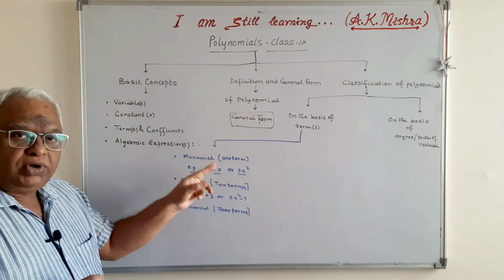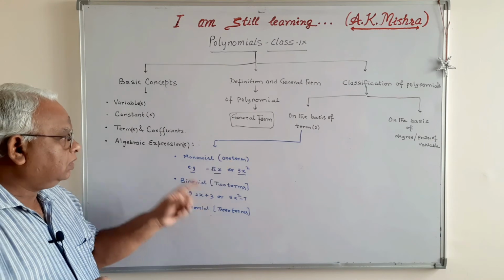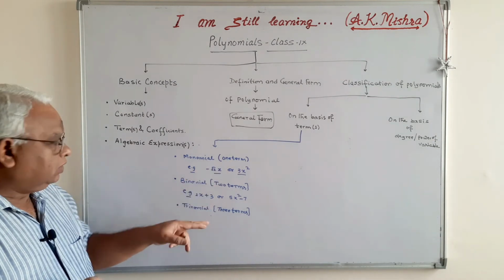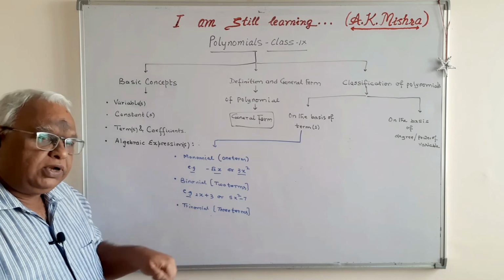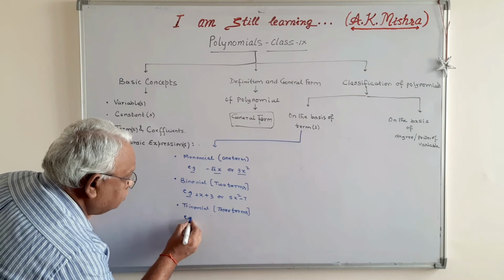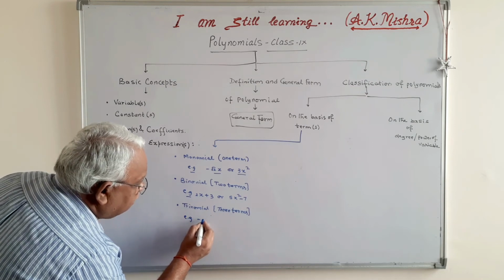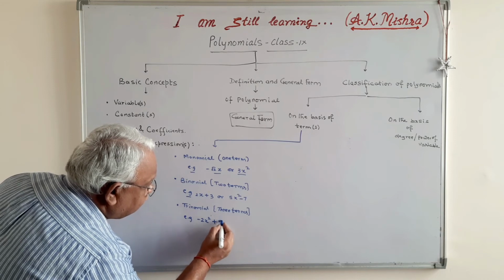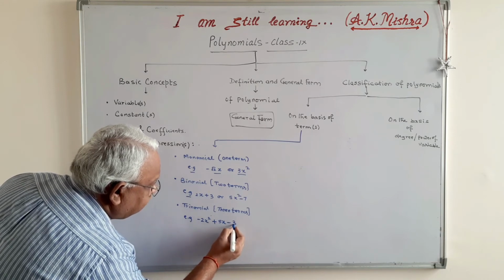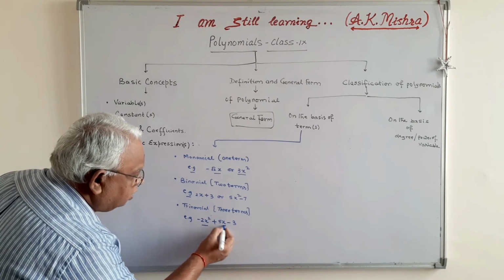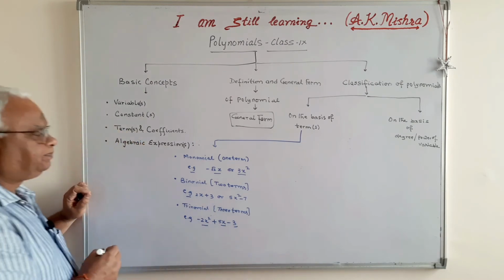Monomial is a polynomial with one term. Binomial is a polynomial with two terms. Trinomial is a polynomial with three terms. So here you can see the example, minus 2x square plus 5x minus 3. This is an example. Here you have three terms, 1, 2 and 3.